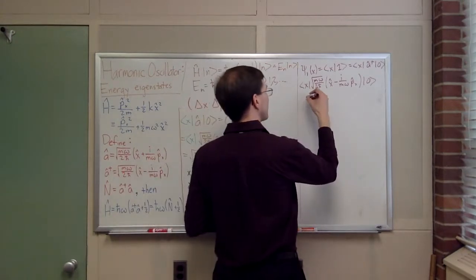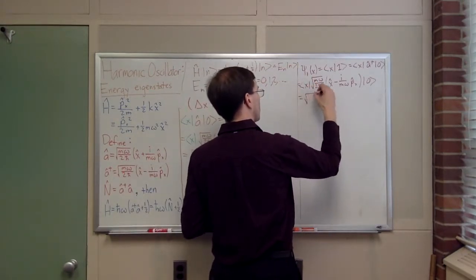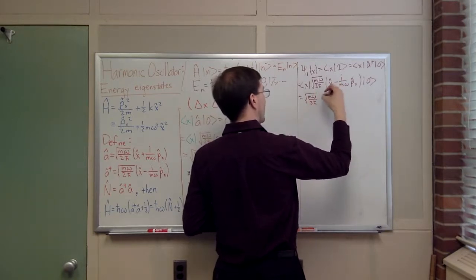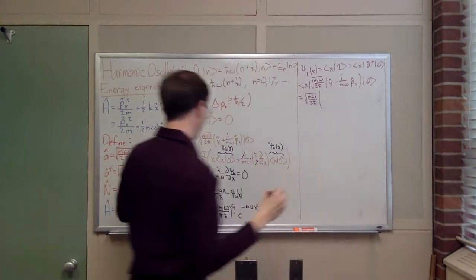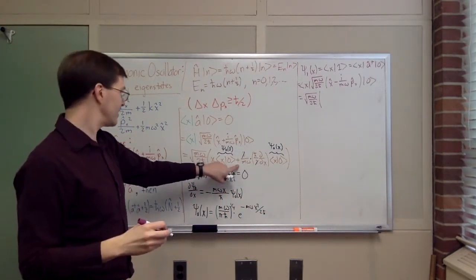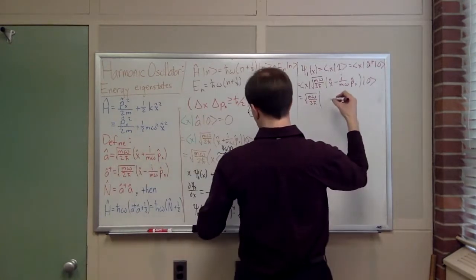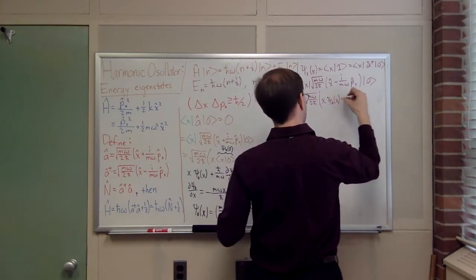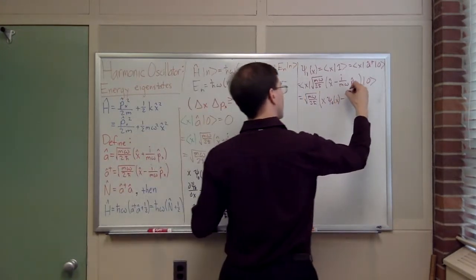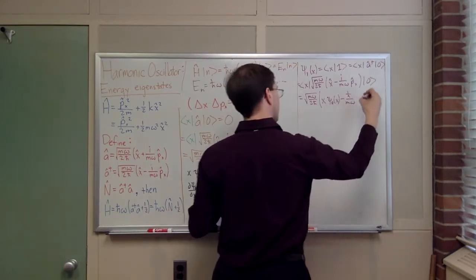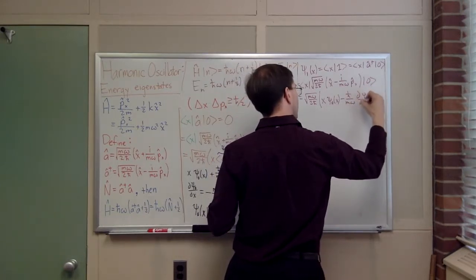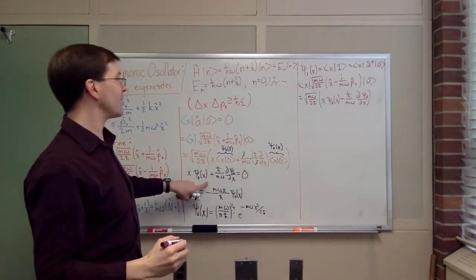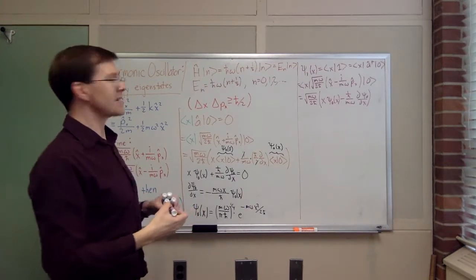This equals the square root of m omega over 2 h bar times, same sort of thing as I had here. In fact, it'll be exactly the same as this, except for the minus sign in this step. It's going to be x times psi 0 of x minus h bar over m omega d psi 0 dx. That's going to be my psi 1 of x.